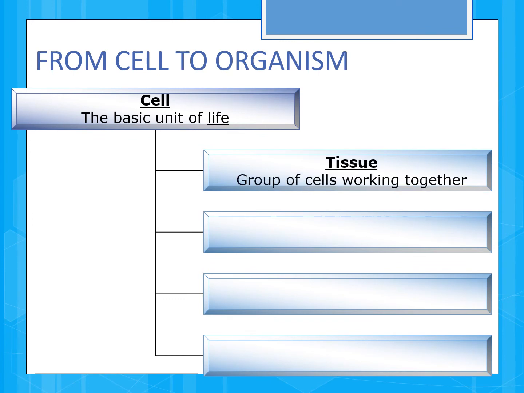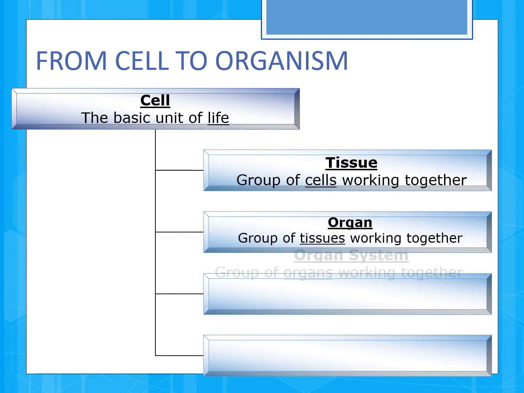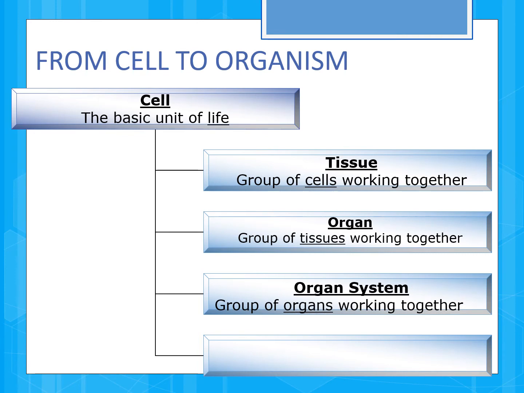If we have a group of cells working together, we call them a tissue. A group of tissues working together is an organ. And when you have groups of organs working together, we call that an organ system. An organism is any living thing made of one or more cells. If it's a multicellular organism, we have these tissues, organs, and organ systems all working together.